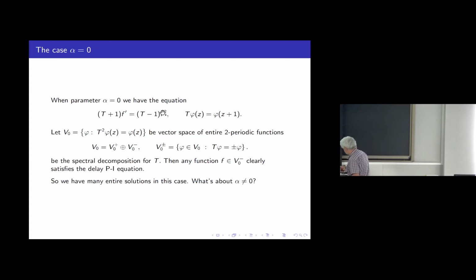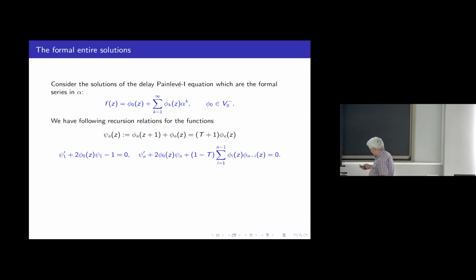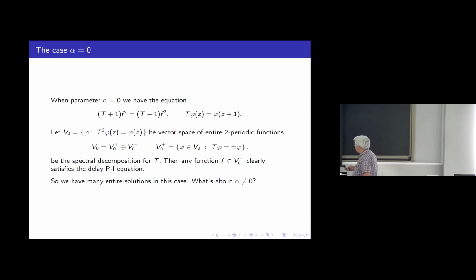So this is somehow obvious. So we have plenty of entire solutions, and we were interested in entire solutions in the whole complex domain.